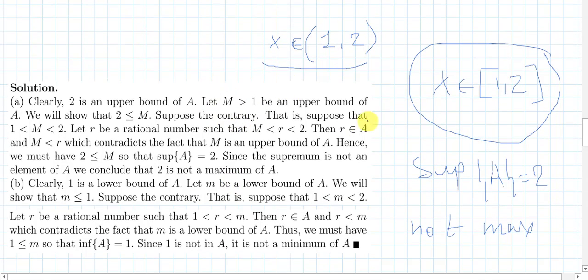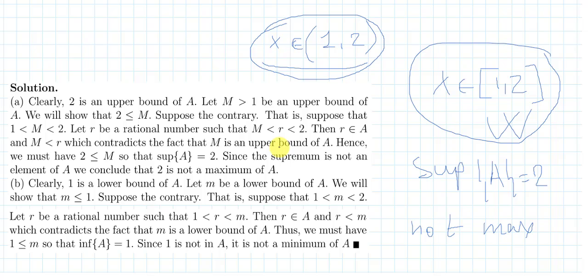If we consider the closed interval, in this case we can take 1 and 2 as the minimum and maximum respectively. But in our case, however, we have the open interval 1 and 2, so we cannot take them as minimum and maximum.